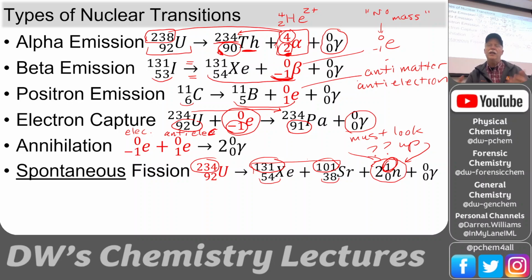So you could go look at the chart of the nuclides to see which one of those is more abundant. And so that would sort of tell you how likely it is to form the xenon-131 versus xenon-130 or xenon-129. It's going to be a bunch of different xenons.